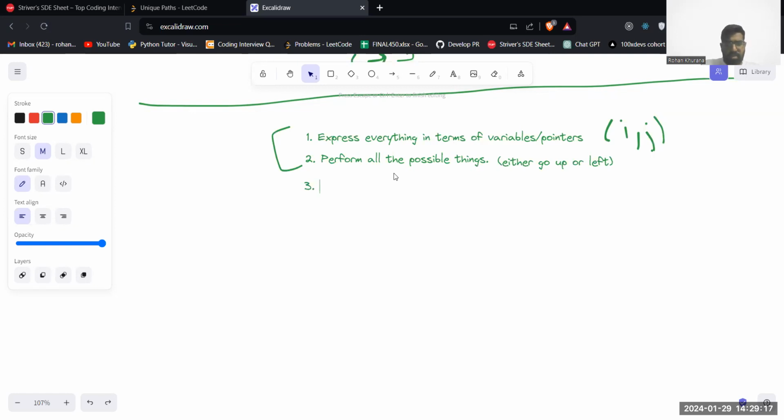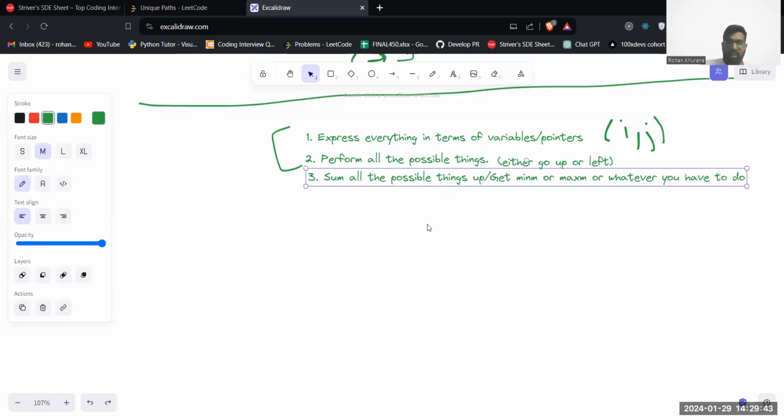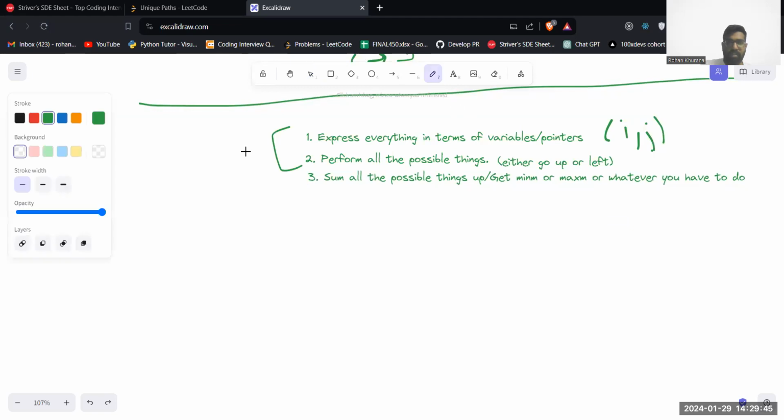And lastly, the final thing: sum up all the possible things, or get the minimum or maximum, or whatever you have to do. I'll tell you one thing. This is recursion.